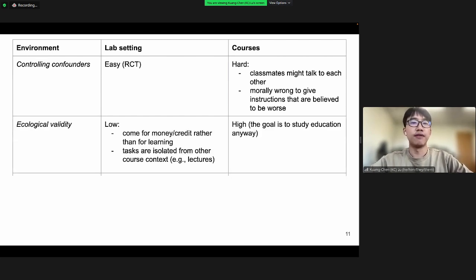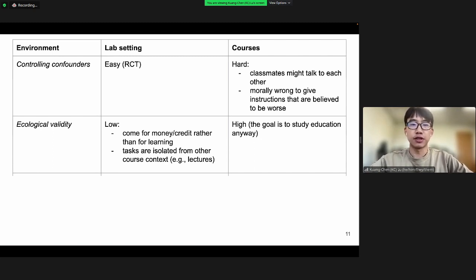Lab settings, however, have lower ecological validity. Students might come for money rather than learning, so their motivation is different. In courses, tasks are designed in the context of a course, which means, for example, they can depend on earlier lectures or assignments. Lab tasks, however, have to be self-contained.